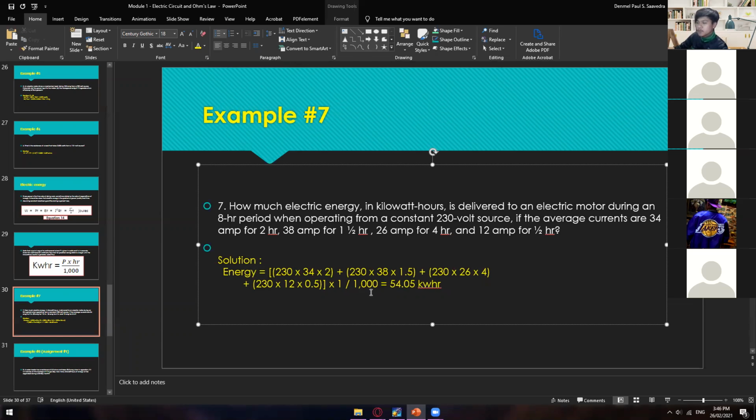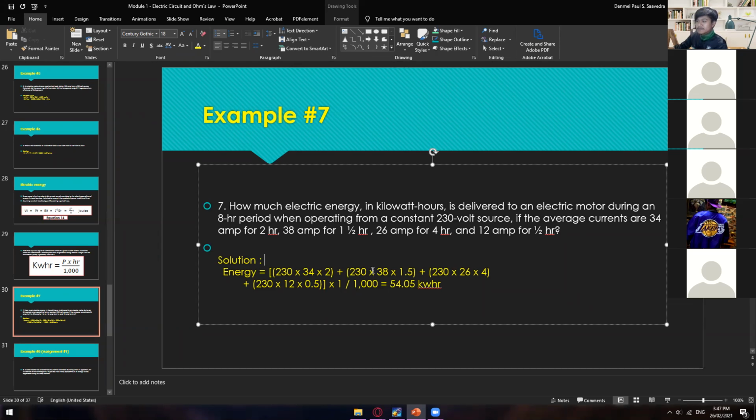So as you guys can see, the only difference is the current that is being used, and then the time that is being used also. Okay, so just do the math, all of those, and divide it by 1000 since it is asking us to have kilowatt hours. Because if you're not going to divide this one by 1000, you will get watts only.